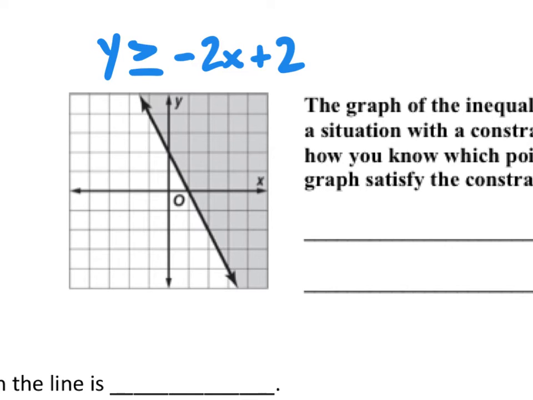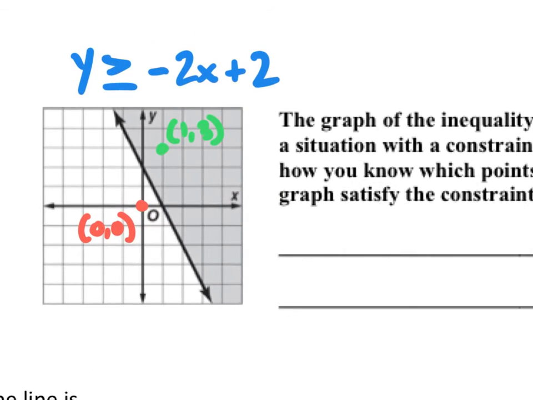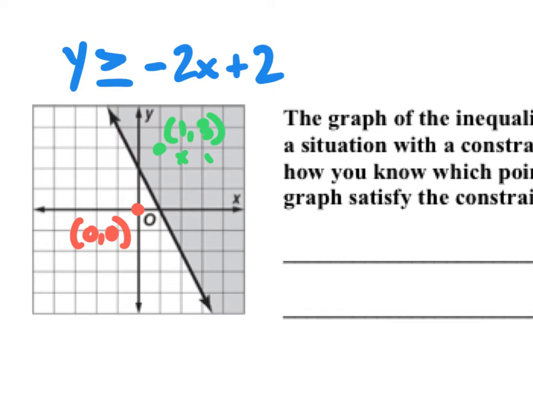So what I'm going to do is pick a point that is not in the shaded region. I'm going to pick 0, 0, which is not a solution. And then I'm going to pick 1, 3. And what we'll see is if we plug in x is 1, y is 3, into our situation.